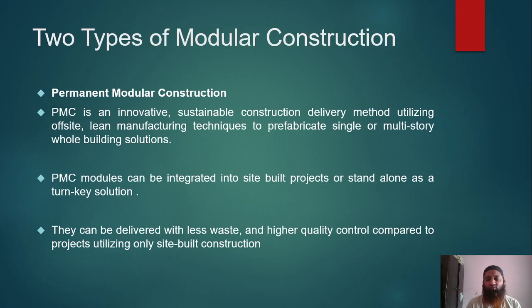There are two types of modular construction. Let us see here. Permanent modular construction. PMC is an innovative, sustainable construction delivery method utilizing off-site lean manufacturing techniques to prefabricate single or multi-storied whole building solutions. So here all the elements are prefabricated in the industry and brought to the site.